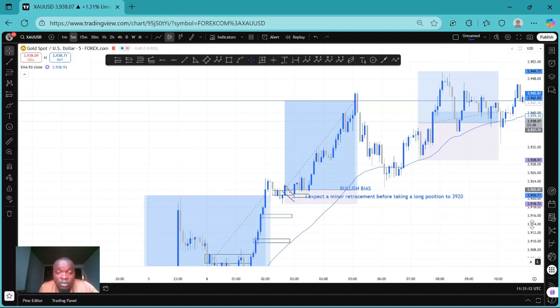So I came to the lower time frame, which is the 1 minute time frame. If you can see it clearly now, this was the 5 minute order block. You can't see it now, but if you go to 5 minutes, you'll be able to see it. After the price pushed up to break that order block, it retested this zone.